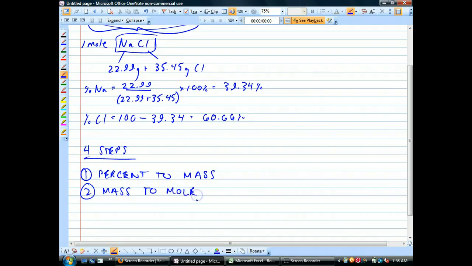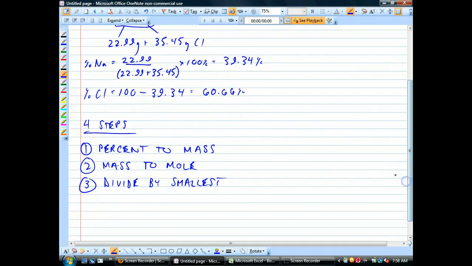And you guys just did this step in the tin iodide lab. You went from the mass of the tin and iodine to the moles. And then step 3, you did this step as well, divide by smallest. And then the last step, you probably found that you didn't have to do in this lab, and that was multiply to whole.